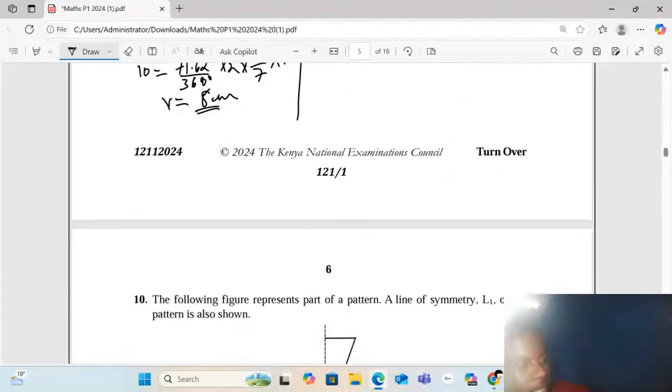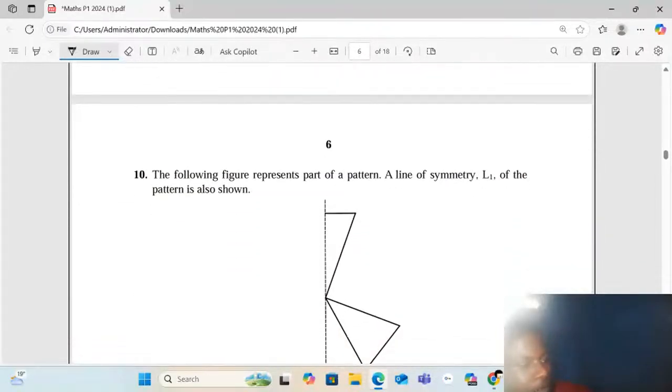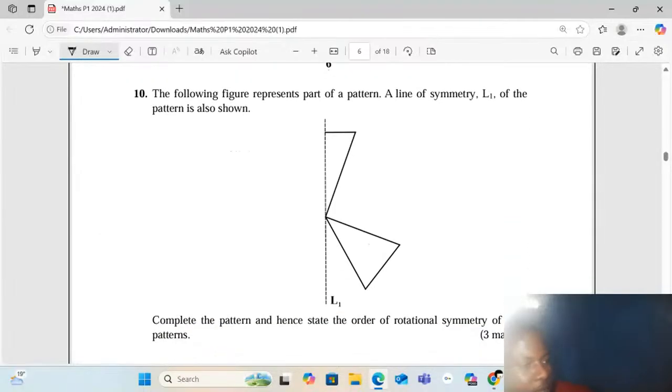Now let us move to this question. That is question number 10. The following figure represents a pattern.